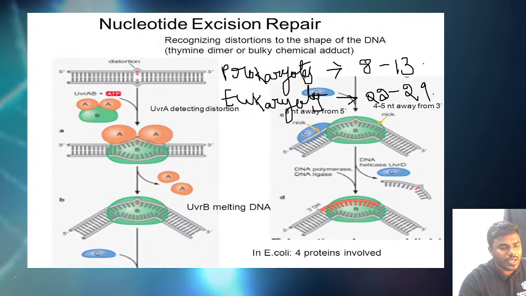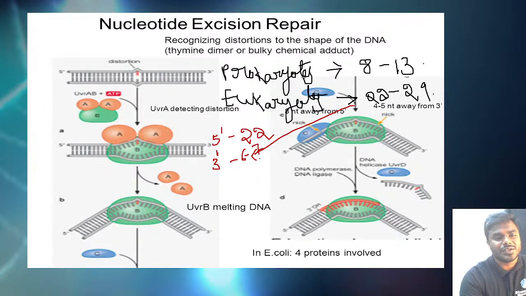In case of a eukaryotic organism, at the 5' direction, we will remove 22 nucleotides. In the 3' direction, we will remove 6 to 7 nucleotides. On average, in case of a eukaryotic organism, we will remove 22 to 29 nucleotides.